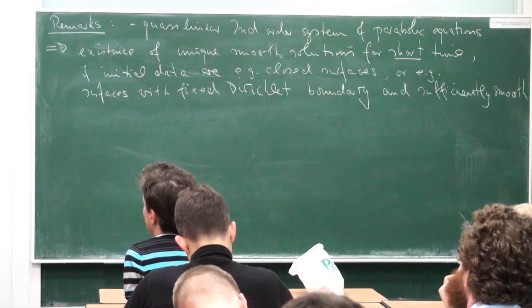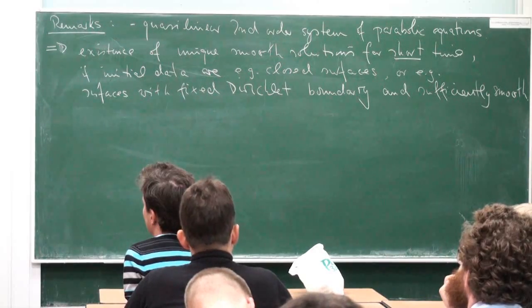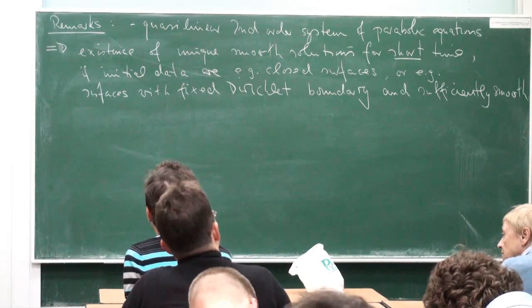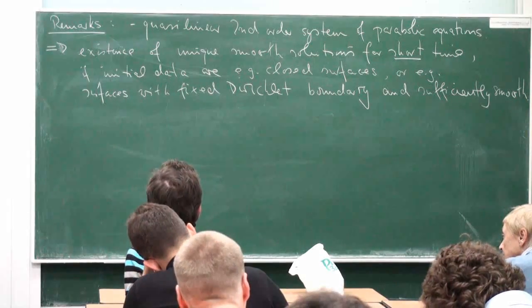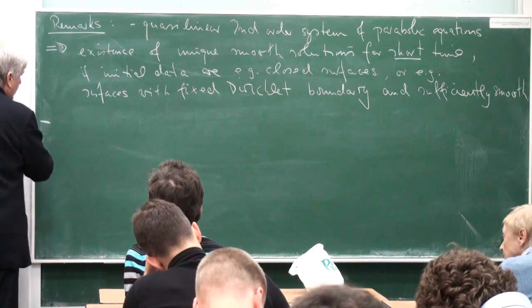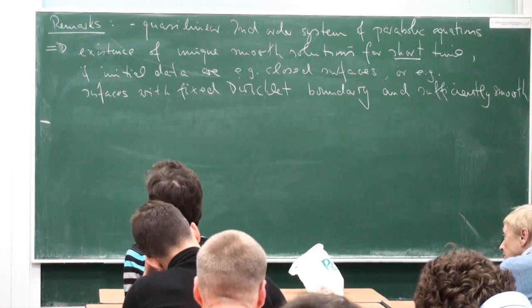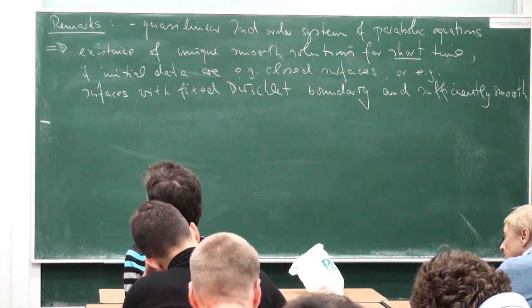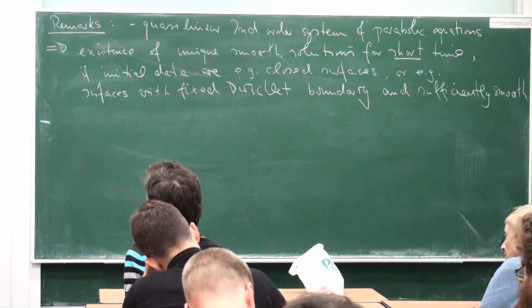The really interesting question is, what happens to these solutions in the long run? How does the geometry of these hypersurfaces change? Now, the first thing that you can say about the change of the geometry is that in all these flows, the area is decreasing.